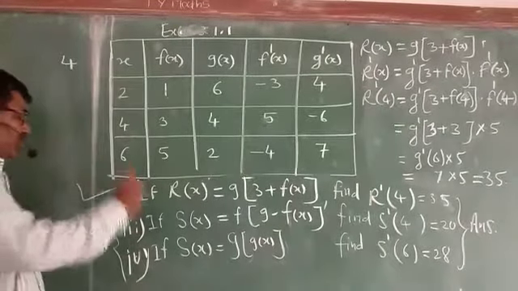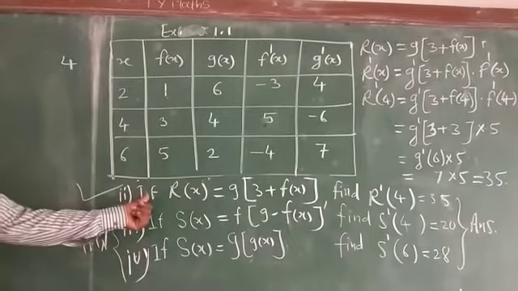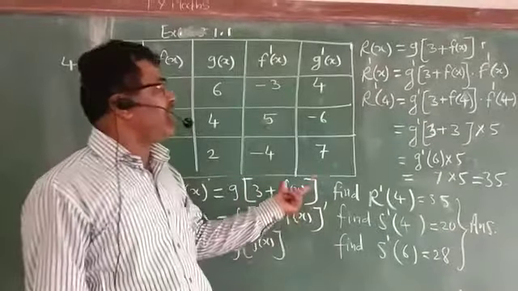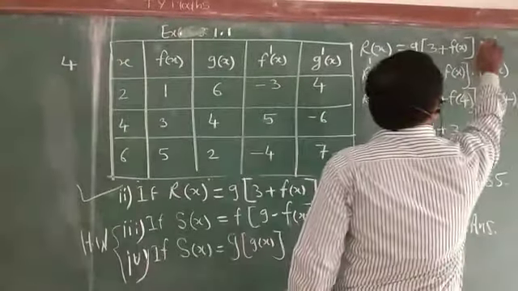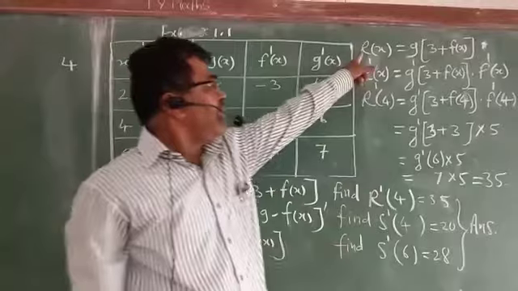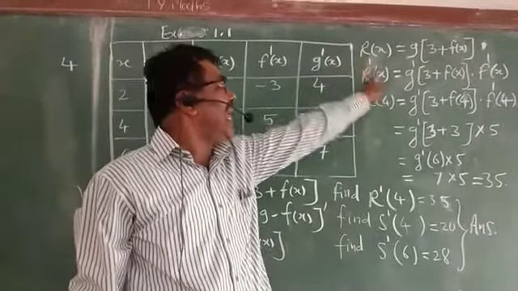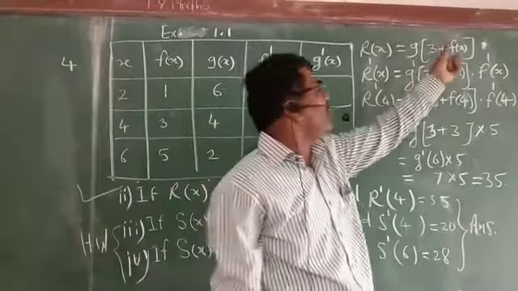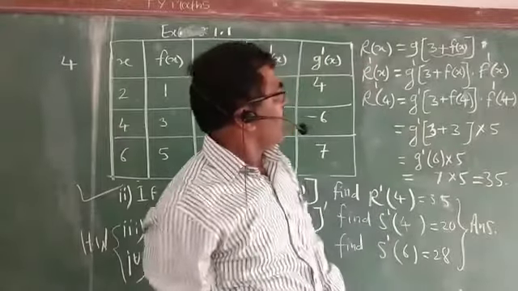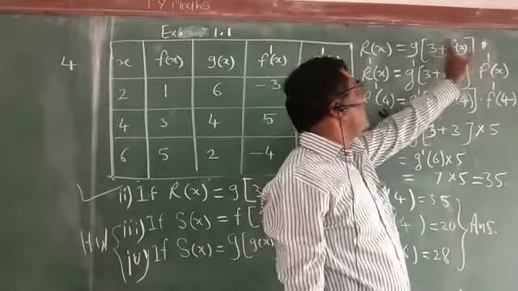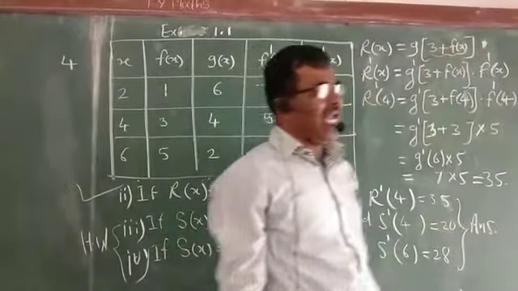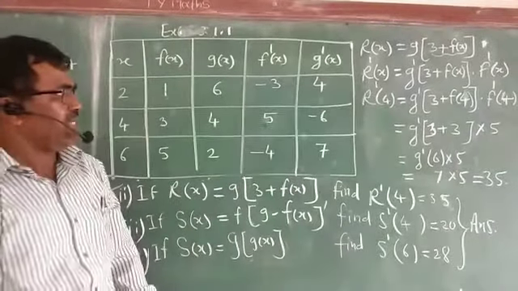Example number 2. If r of x equal to g of 3 plus f of x given. Now differentiating with respect to x, r dash x equal to g dash f of x into derivative of f of x. Derivative of 3 is 0, therefore f dash x. Note this step.